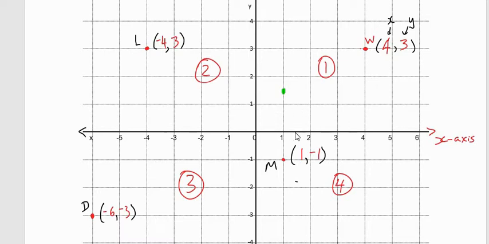So this length is 1 unit, and this would also be 1 unit. Going up, if you look at the y-axis, from 0 to 1 is 1 unit. So we can measure this length across using the y-axis. From here to here is 1 unit, the same length as this to this. So this is 1 unit by 1 unit, so we call it 1 square unit.